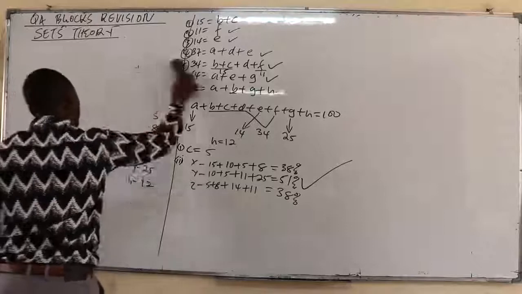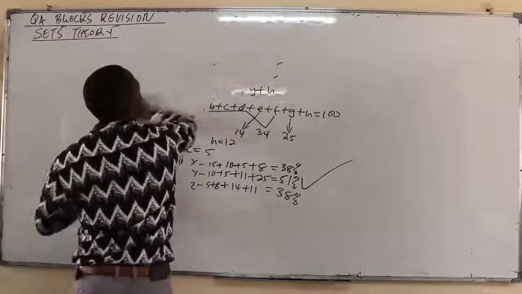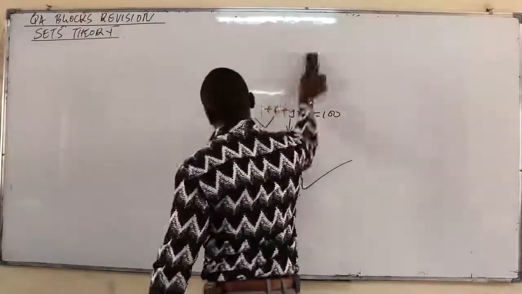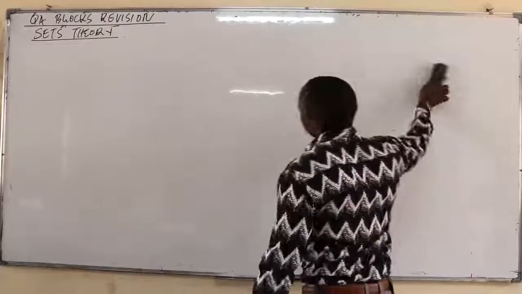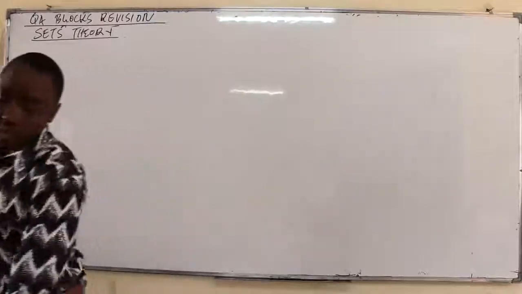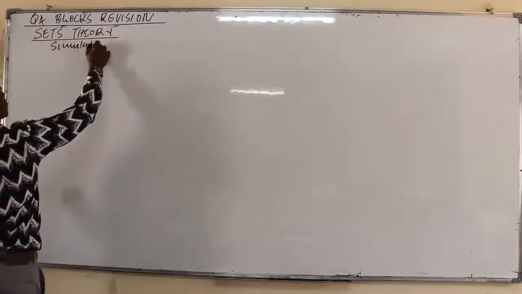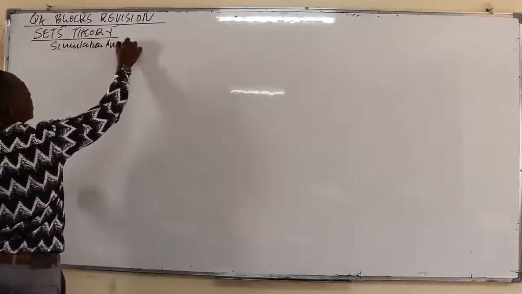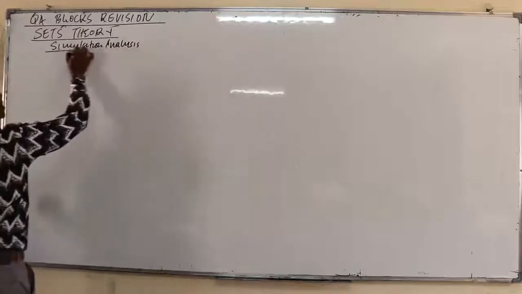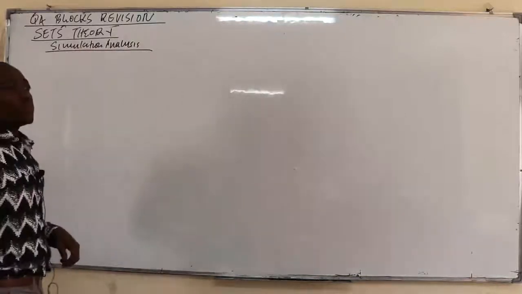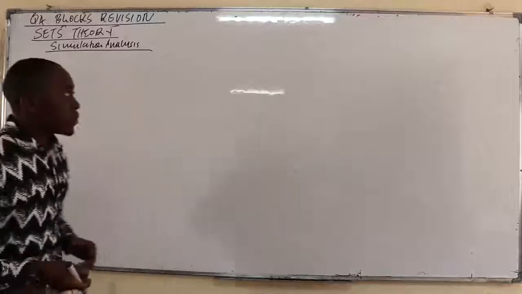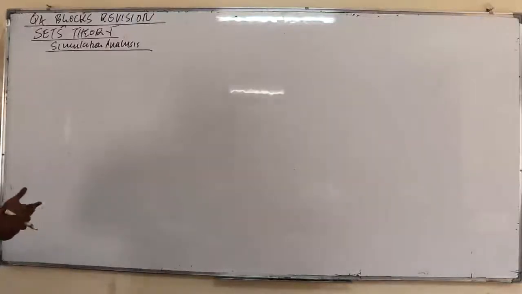Let's do one or two questions on simulation analysis. We say that simulation analysis, or simulation, is just a systematic duplication of events by the use of random numbers and probabilities.